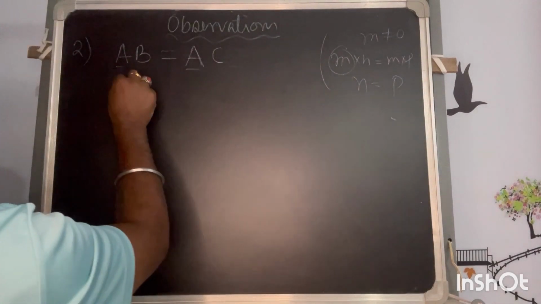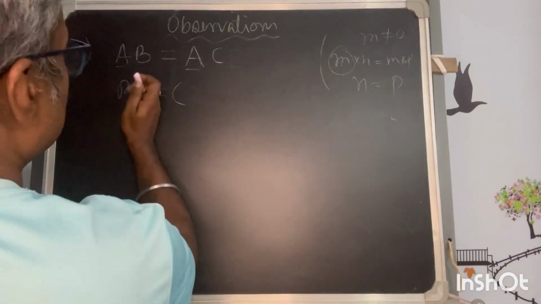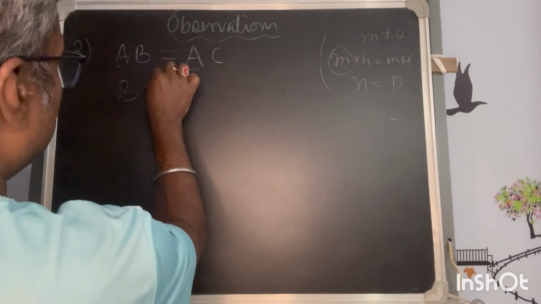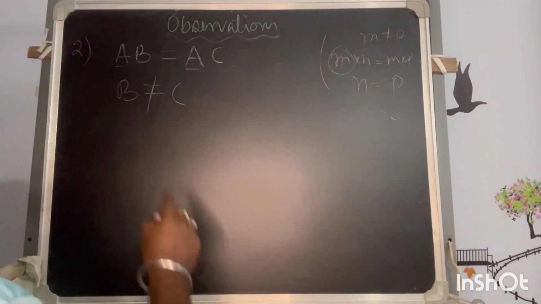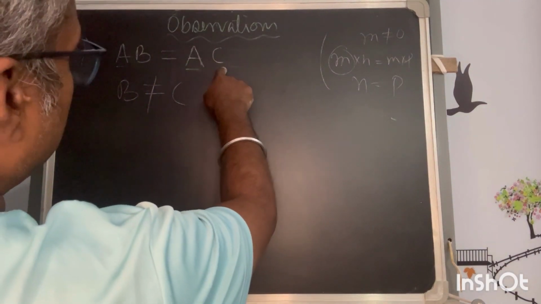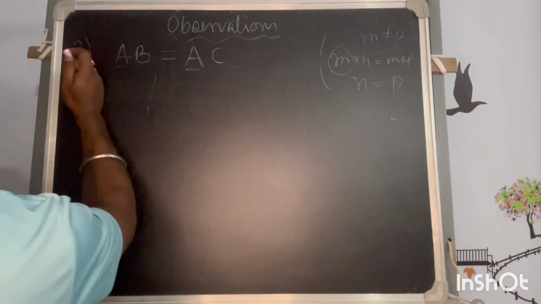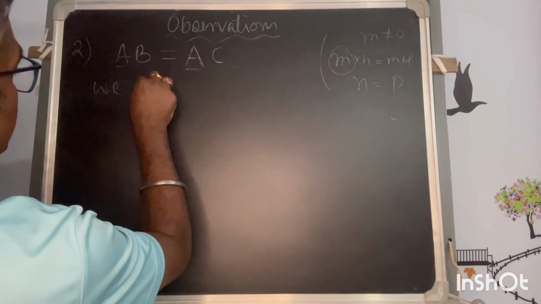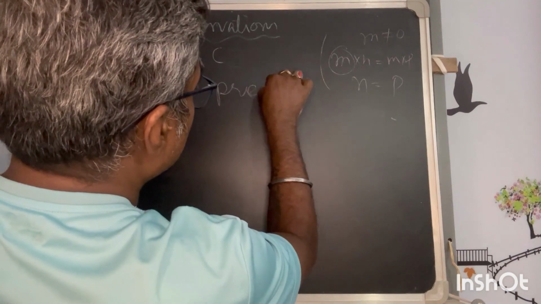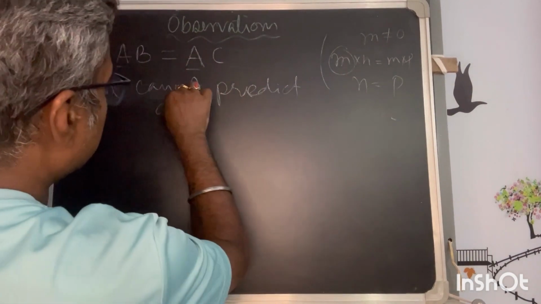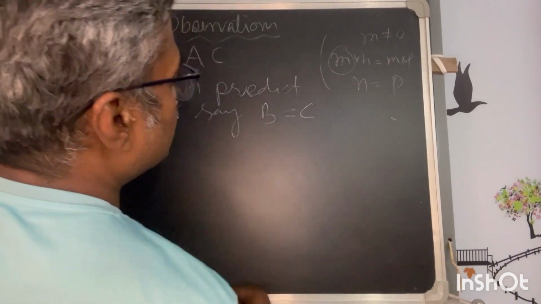But for matrices, if A into B is equal to A into C, we cannot predict or say that B matrix is equal to C matrix.